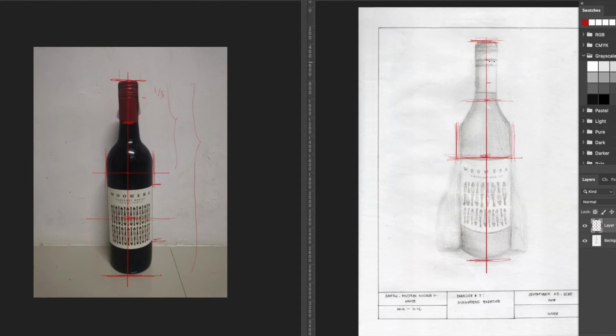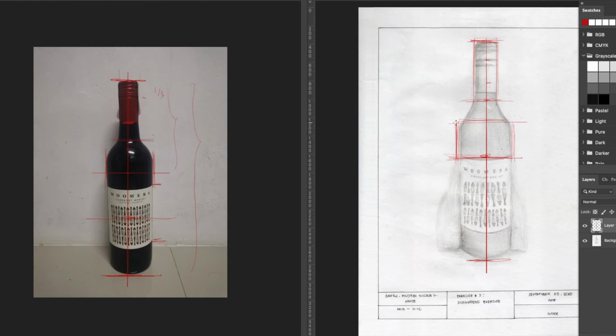Okay, so it's about being able to measure with your eyes and using your pencil to do that. So immediately we're seeing problems based on this. Where is the neck of the bottle? So go here.